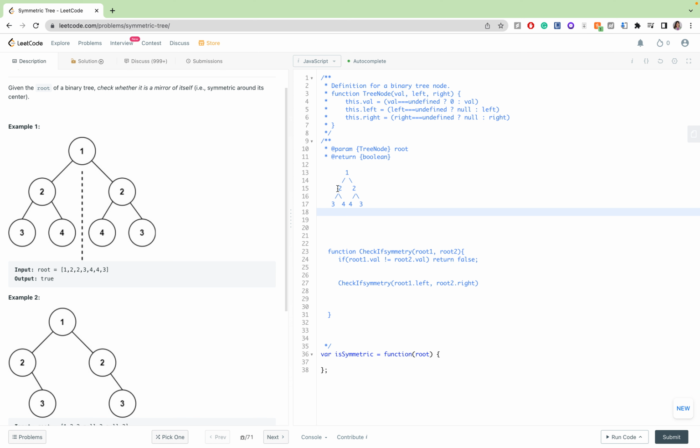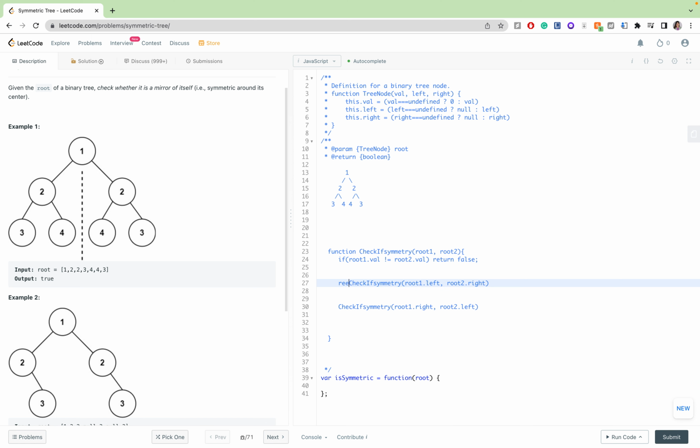So in this case also, root 1 is 2 and root 2 is 2. Since the values are equal, I would now need to check its left and right. So I will check 2's left and 2's right as well, whether this 2 is equal or not. If it is equal, then I would continue checking its right and left.